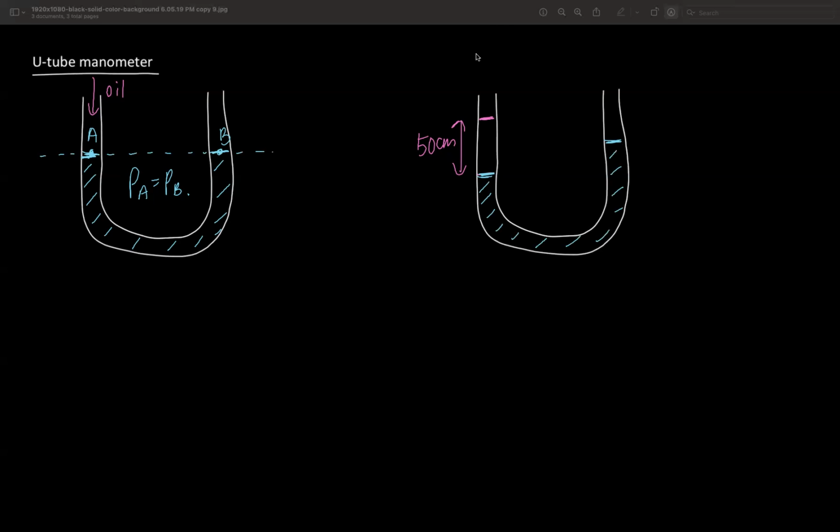And the oil, considering that they do not mix, they are two immiscible liquids. Now, given the height here is 15 cm, I want to calculate what is the density of the oil given this U-tube manometer.